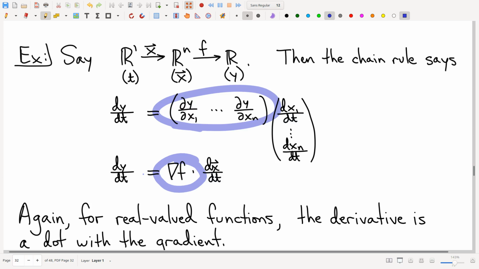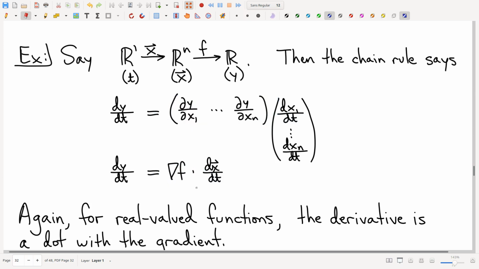Arithmetically, it's exactly the same. So you have the new option, because there's only one output, that if you want, you can think of the derivative matrix as dot product with the gradient vector. Now this is not new. We discussed this back at the end of section 2.3. This is just showing that old news is a special case of the chain rule.